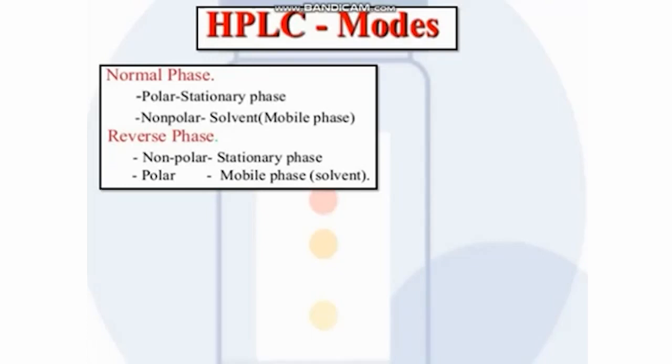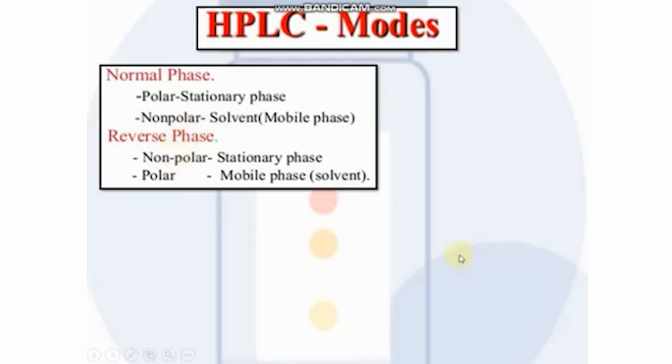So there are two types of HPLC based on the phases: normal phase HPLC and reverse phase HPLC. In normal phase HPLC, the stationary phase is polar and the mobile phase, that is the solvent, is non-polar.